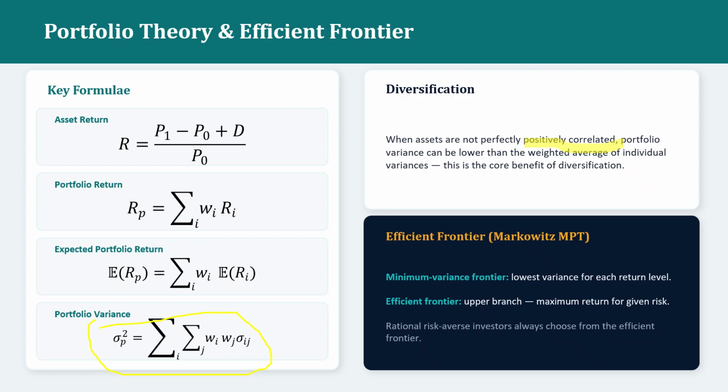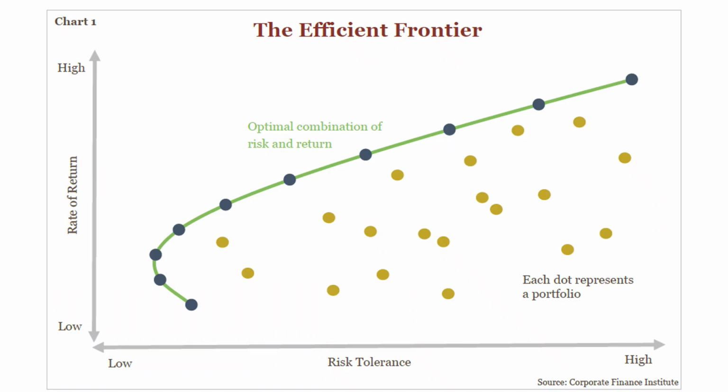So let us see what we get if we plot them. This particular frontier that we are seeing is the efficient frontier. If we plot the rate of return on the vertical axis and standard deviation on the horizontal axis, whatever we are drawing gives us the efficient frontier.